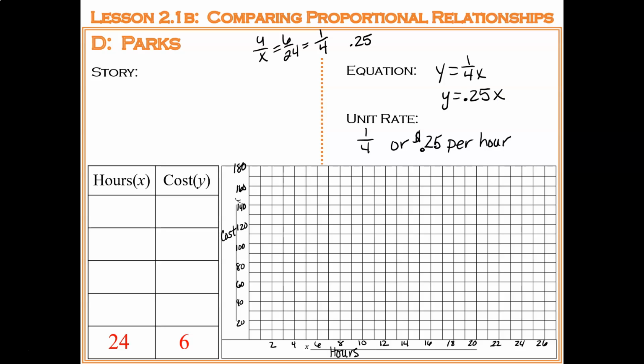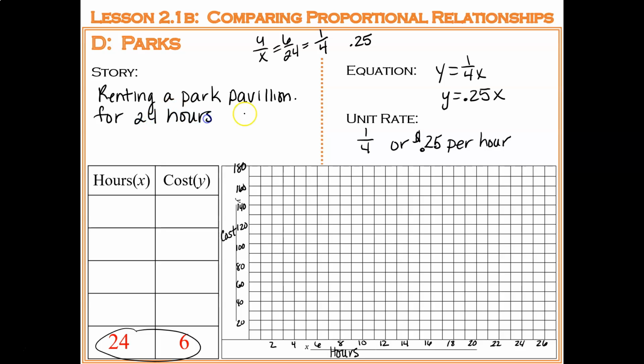The story, we're going to keep it simple. We're going to use this data. So renting a park pavilion for 24 hours costs $6.